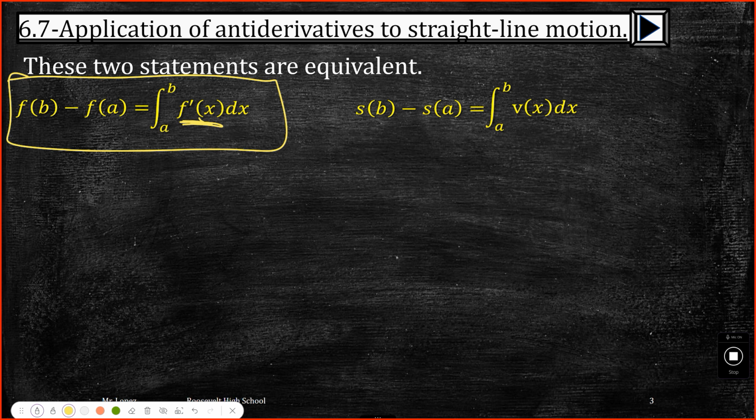And if we tie it together to straight line motion, we say that s is the position function, and velocity is the derivative of the position function. So if we can find the antiderivative of velocity, we can just evaluate at the upper and lower limits.